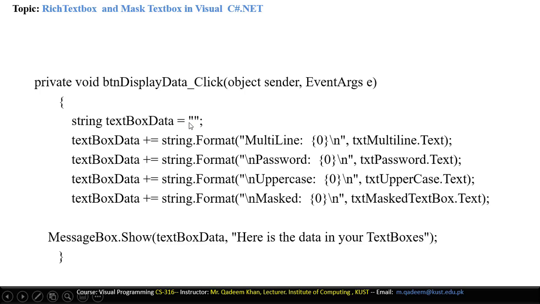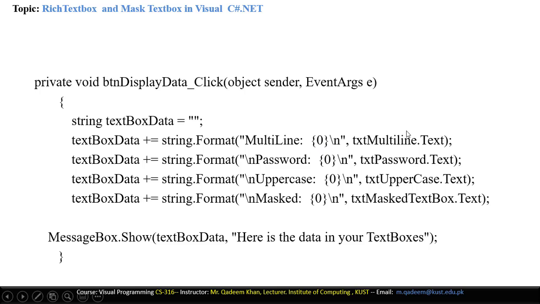String textBoxData is equal to empty string. Here we have defined an empty string. Then we will concatenate another string with this empty string. So textBoxData plus equals, this is the plus-equal concatenation. That means that this text will be concatenated with the empty string, and then it will be assigned to textBoxData. So textBoxData += string.Format("Multi-line: {0}\n").